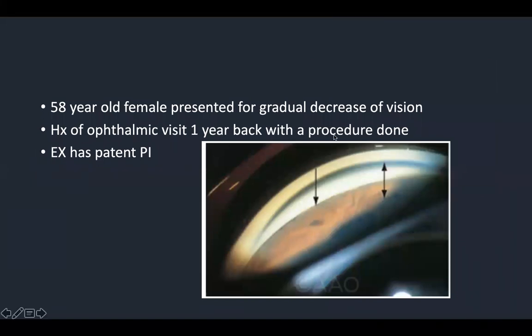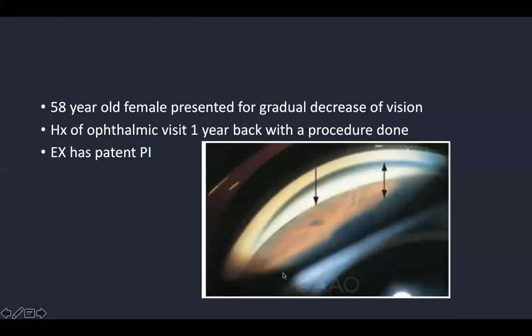And according to her, some procedure was done. So today you saw the patient. She has some cataract with decreased vision, and she has a patent PI with this appearance on the gonio lens. It's a closed angle, and when you press on the gonio lens, it's not opening. Most of the angle is synechially closed with a deep AC in the center.